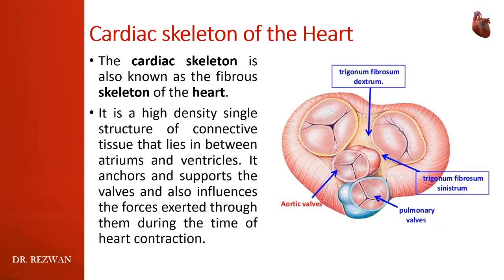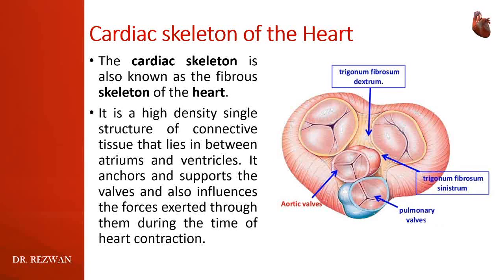So in the definition we can say it is a highly dense single structure of connective tissue that lies in between atrium and ventricles. It anchors and supports the valves and also influences the force exerted through them during the time of heart contractions.